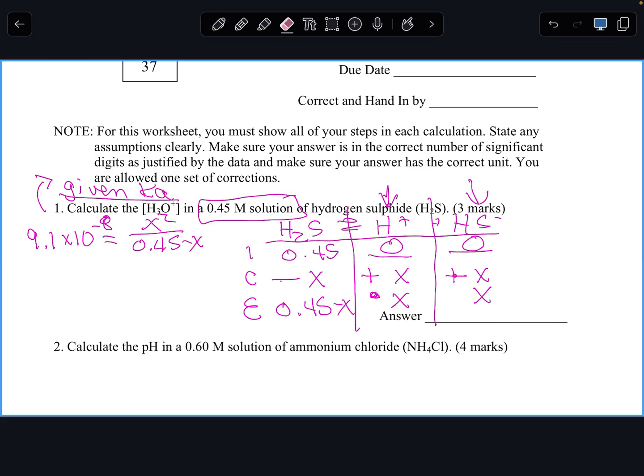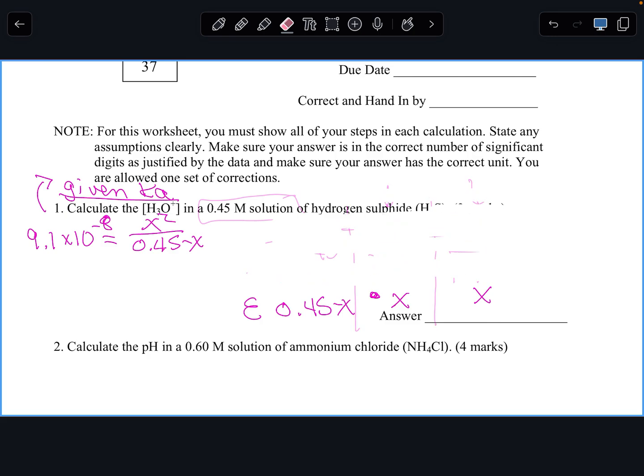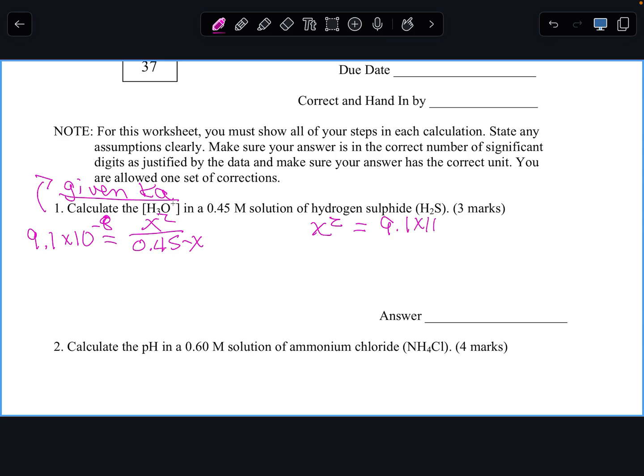Ooh, who sees where this is going? It is a quadratic. I'm going to erase this. And I'm going to erase this. And let's go ahead, would you please solve for, I like to have my x on this side. X squared equals 9.1 times 10 to the minus 8 times 0.45 minus x.